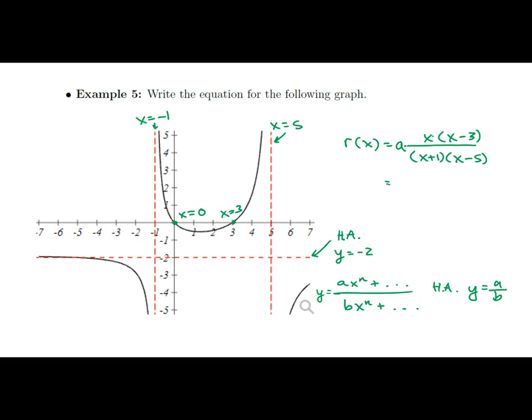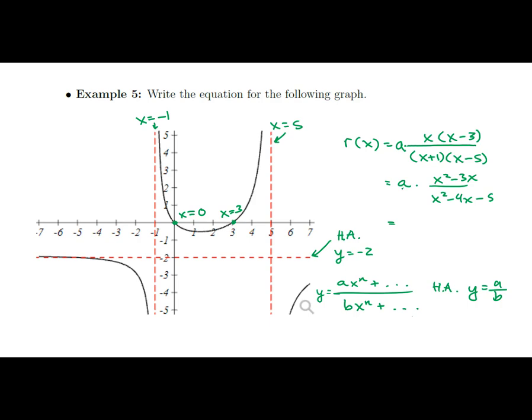So what that means, if I distribute out on top there, that would be x squared minus 3x. And down on bottom, it would be x squared minus 4x minus 5. But what do we need? We need a over b to be equal to -2.